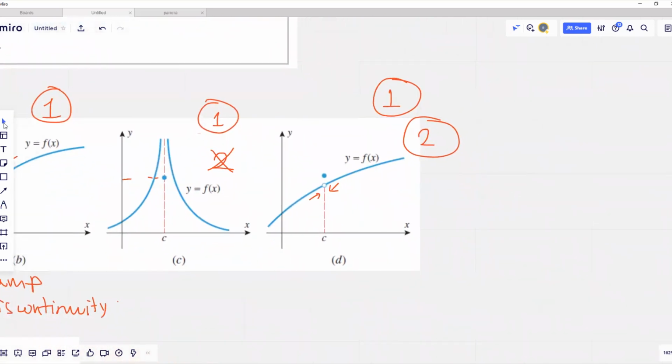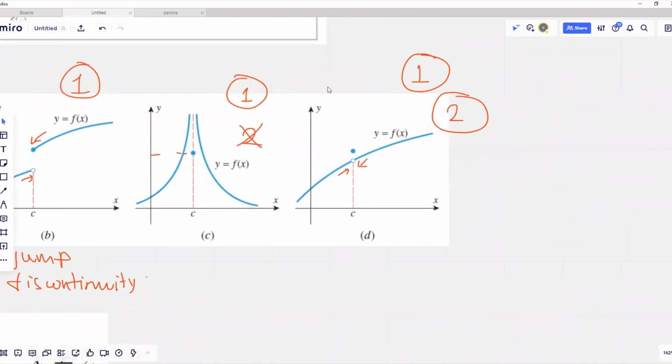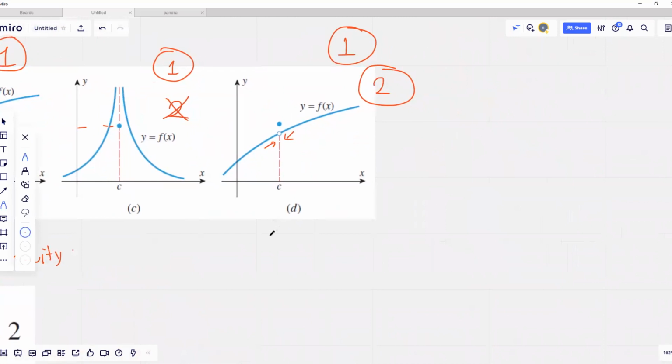Since the second condition is satisfied and the two-sided limit exists, this case is also a case of removable discontinuity, because we can fix that by simply moving this point from there and plugging it back at this missing value here.